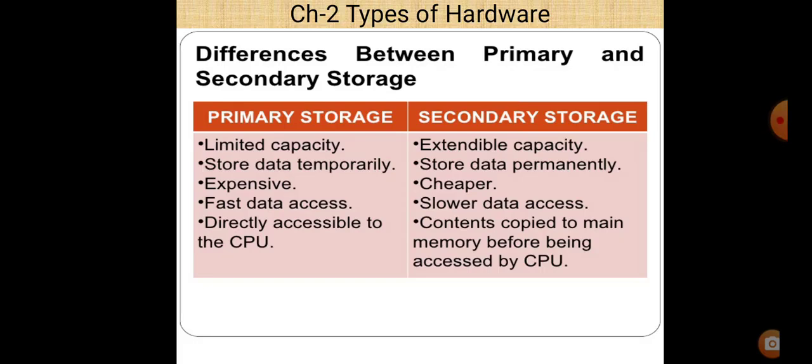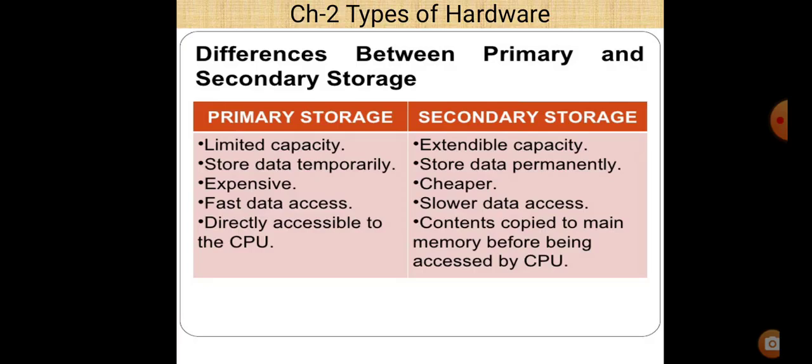Now the difference is very clear. First of all, primary storage is a volatile memory and secondary storage is a non-volatile memory. It means that we can store data permanently in the secondary storage, while data is stored temporarily in primary storage. And the third thing is that fast data access is there in primary storage, but secondary storage has slower data access.